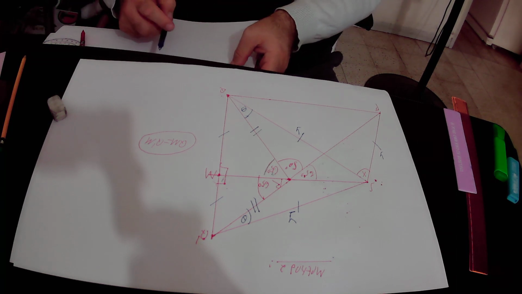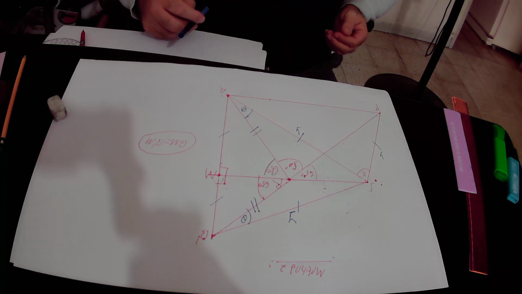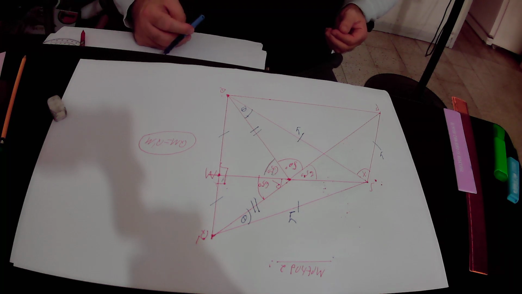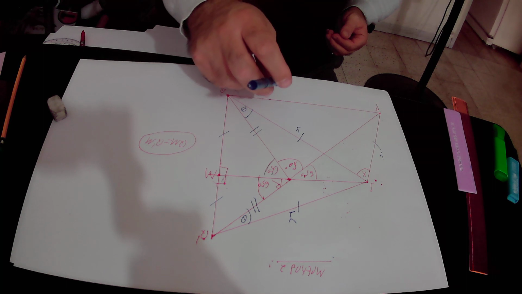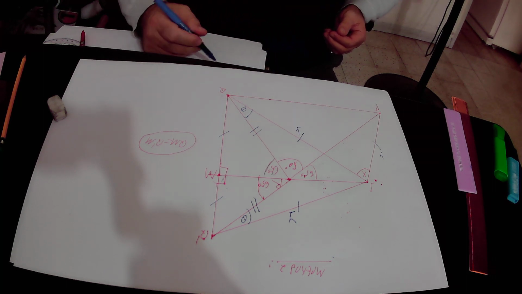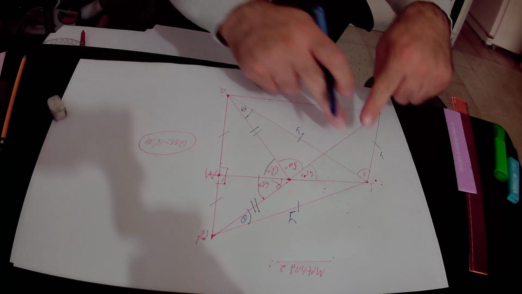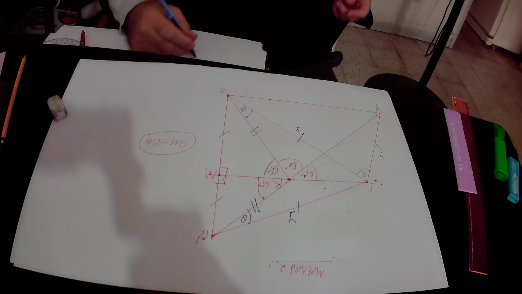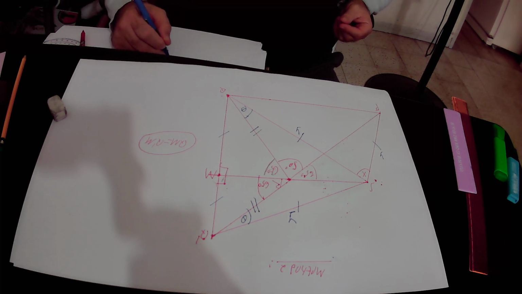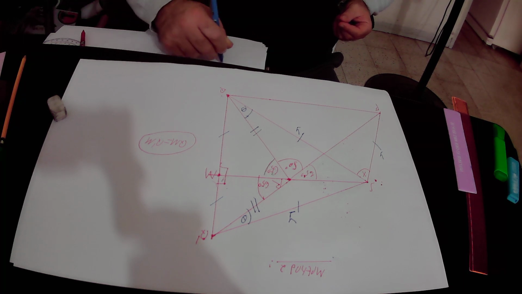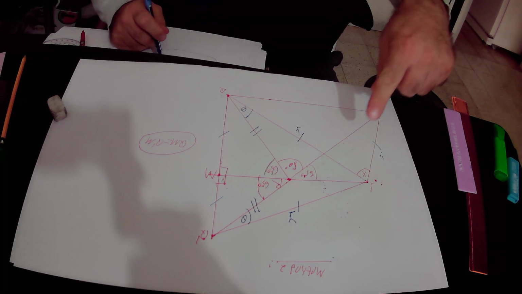From the fact that PQ dash is a straight line, we can conclude that SPQ dash, this structure, is a triangle.